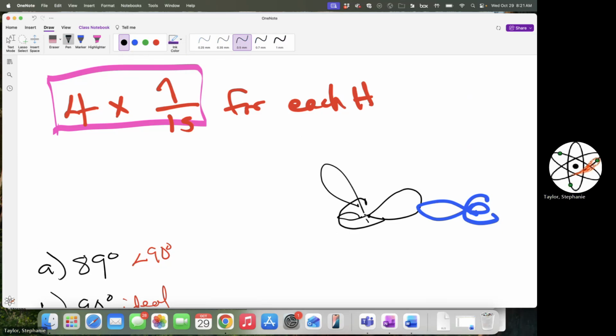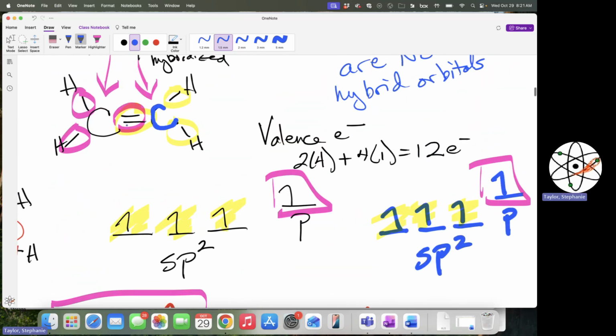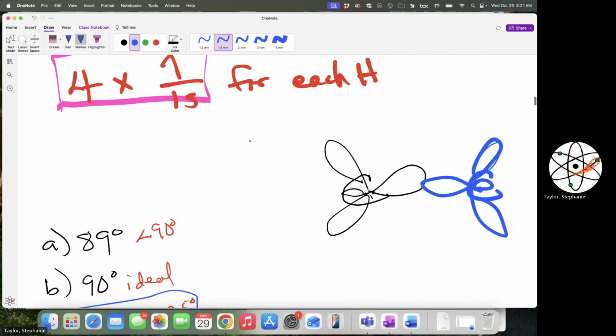So here are all of my sigma bonds. Because as I look in here, I should have 1, 2, 3, 4, 5 sigma bonds. These are my hydrogens.